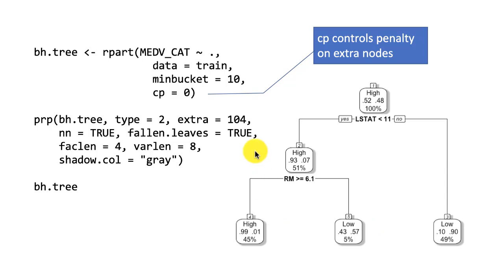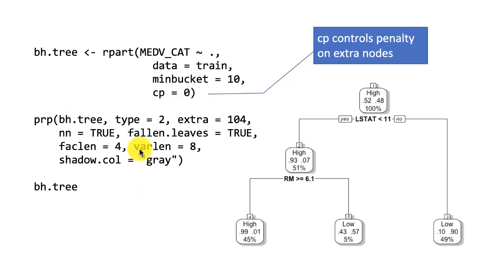Otherwise, you could have a leaf node there, another leaf node here, a leaf node there, etc. Especially this will happen when a tree has many levels, and leaf nodes can occur pretty much at any level below the root. Okay, so it would be difficult to search and find them, but if they're all at the same level, then that gives a good indication of what to do, right? shadow.col equals gray. That's what is creating these shadows. Okay, you can go and look at the documentation and actually try out some other arguments to get more information in the tree if you like.